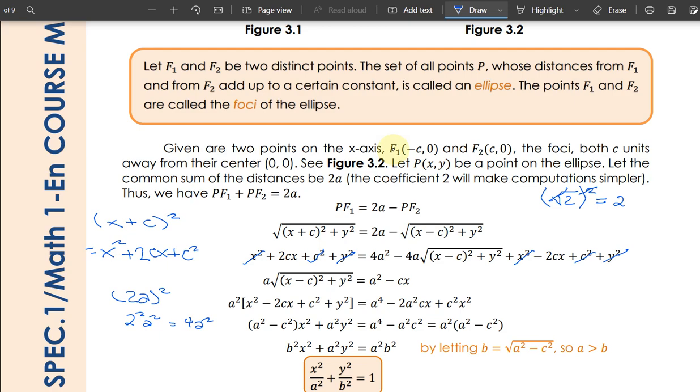How about this one? 2cx o negative 2cx. So, makancel sila or dili? So, the answer is dili. Nga naman, they don't have the same nga sign. So, plus ni siya, kani siya kay minus. So, if you're going to transfer this 2cx, positive 2cx, sa left side or sa right side sa itong equation, may mo siyang negative 2cx.